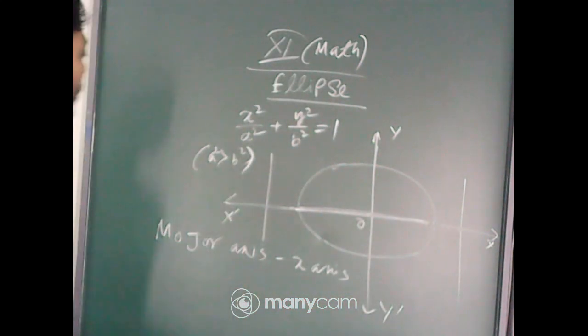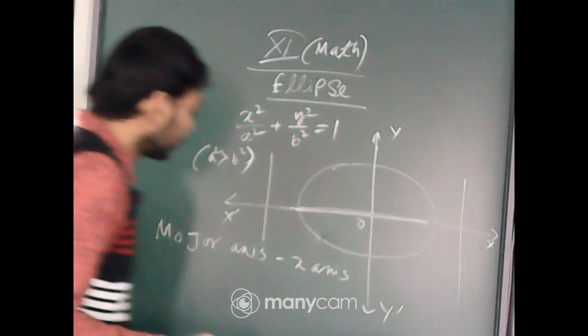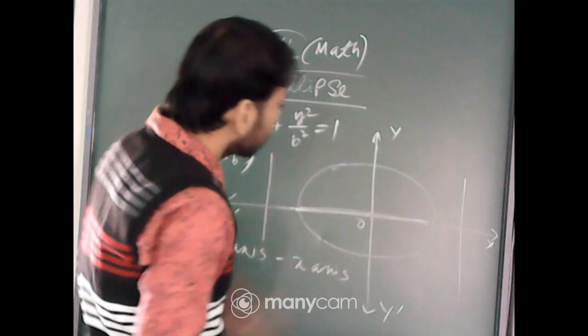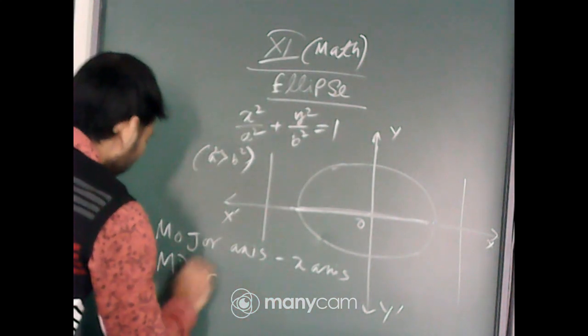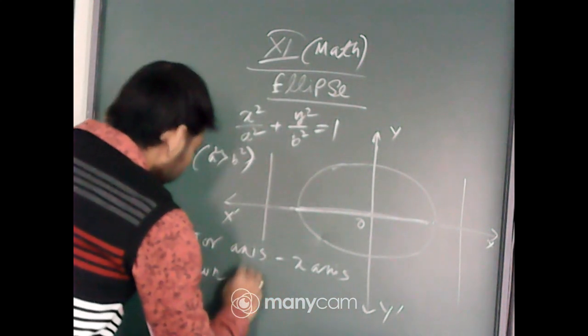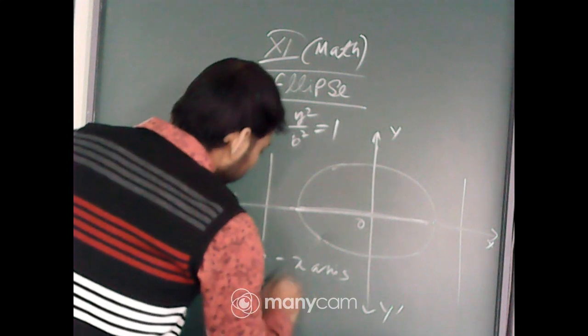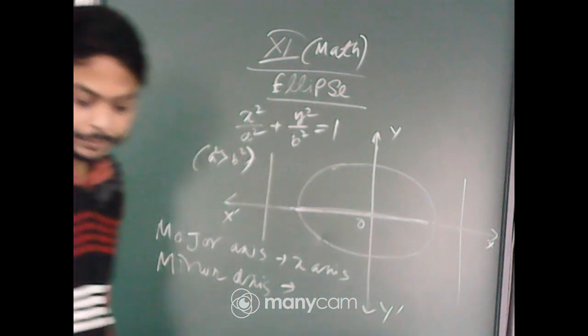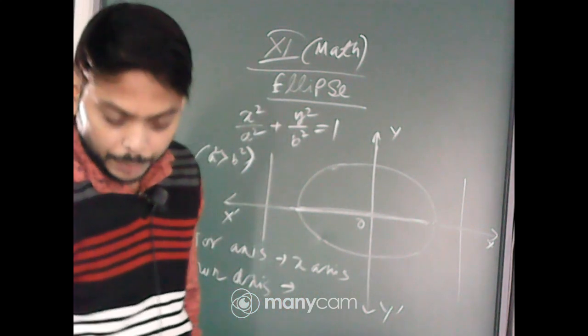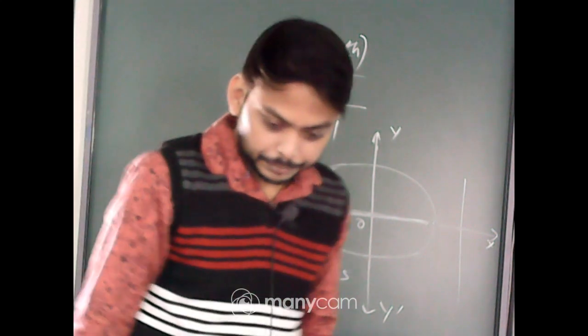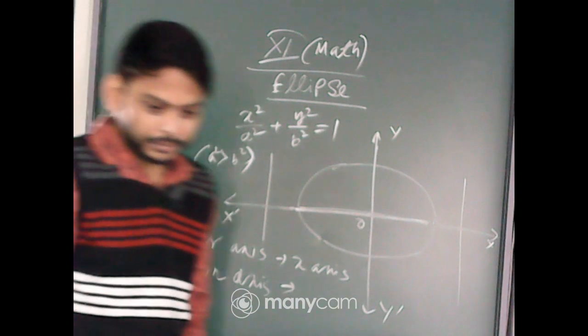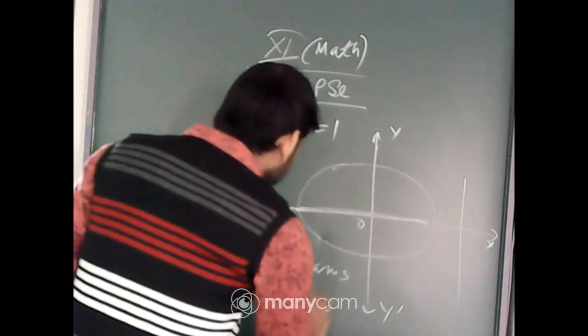In the ellipse there will be two axes, one is the major axis and the other is the minor axis. So the minor axis will be, tell me, the y axis. Very good.